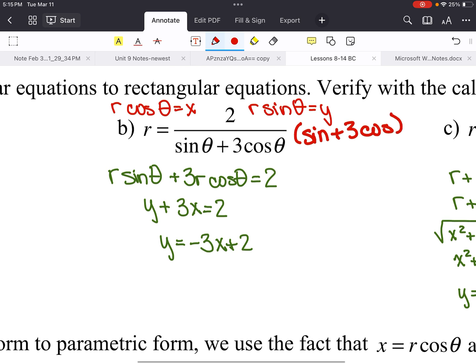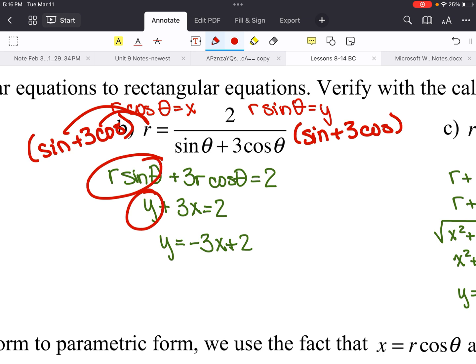then I get r times sine plus 3r, can't talk and write at the same time, I write the wrong thing. When I distribute the r, I get r times sine and I get 3r times cosine, and then that cancels out, so I've got 2. Oh, there's an r times sine, well that's really y. And there's an r times cosine, that's really x.